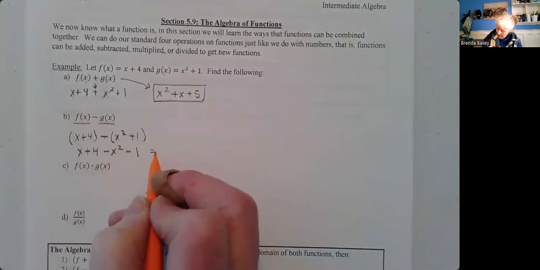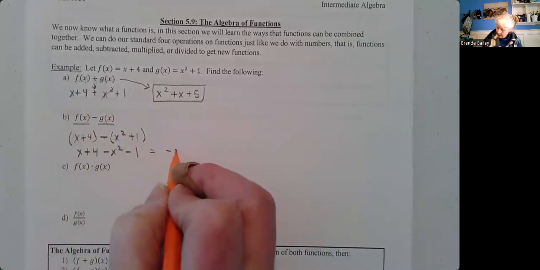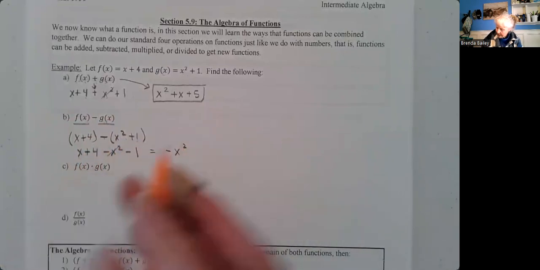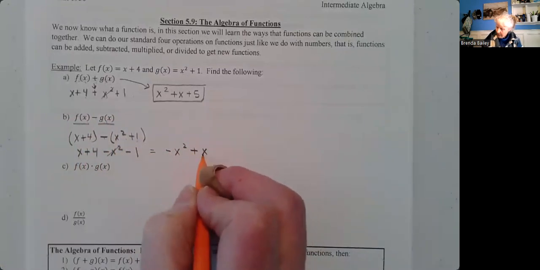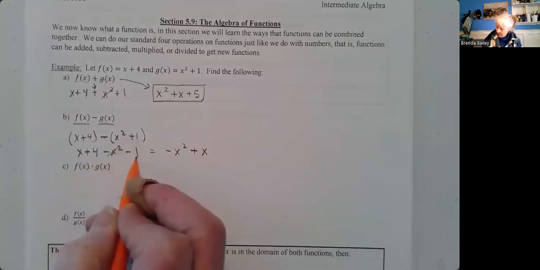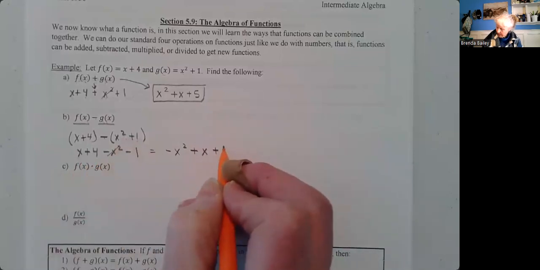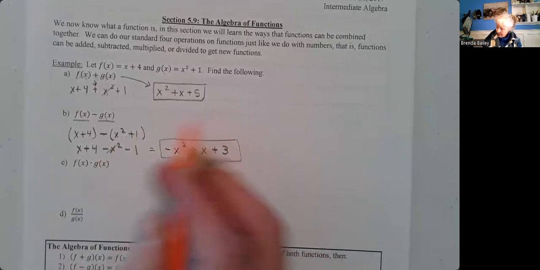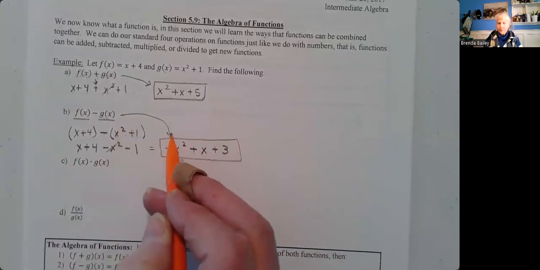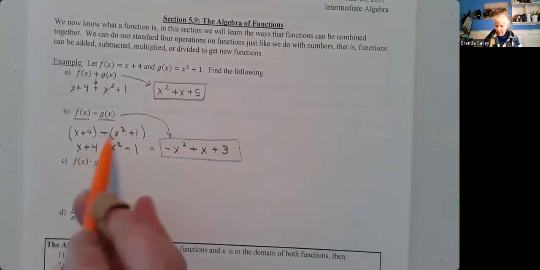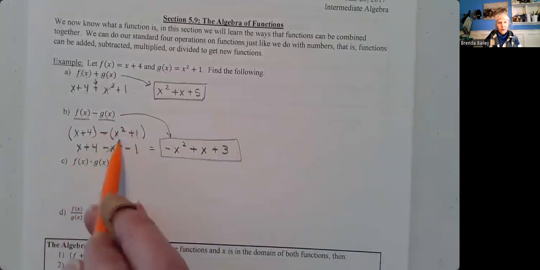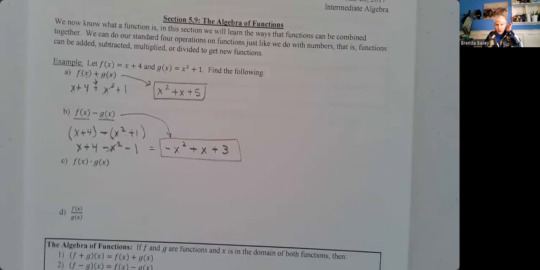So we've got a minus x squared. I'll start with the highest power. We have a plus x that has to stay by itself. And now it's a plus 3, 4 and a negative 1. Okay, so if you subtract those two functions, that's what you get. You just have to be careful of this minus, and it'll change the sign on the following function is all.